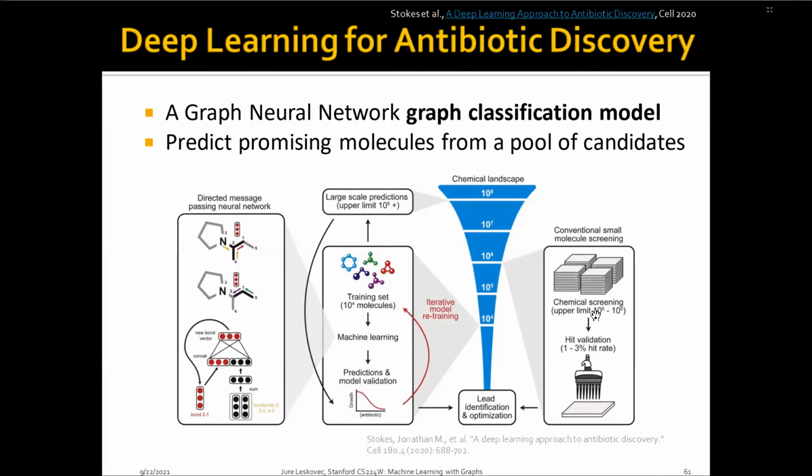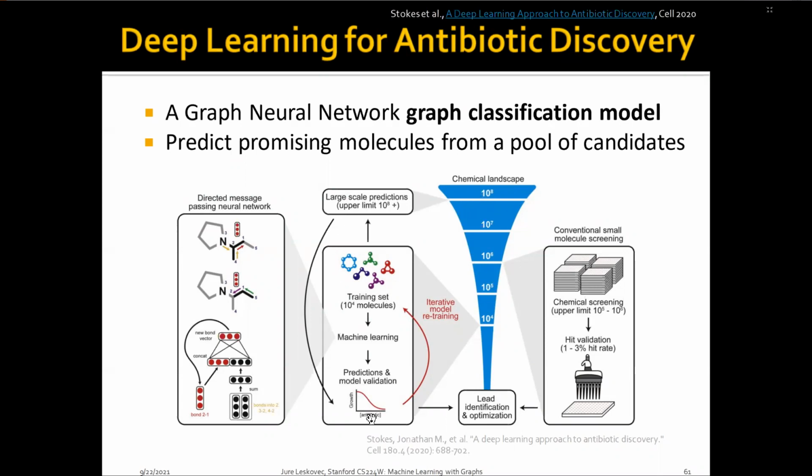So when we are doing this, we can also do this using conventional molecule screening, but actually that will take a long time, and the pool of candidates can have a relatively smaller range compared to this, right?